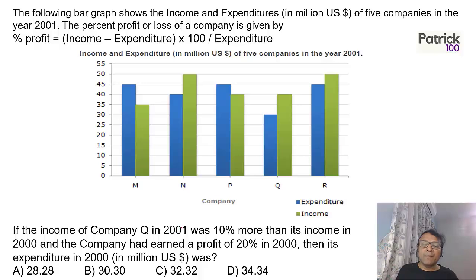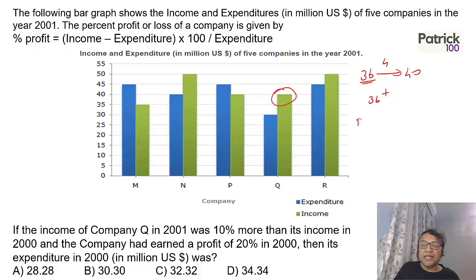If the income of company Q in 2001 was 10% more than its income in 2000. Right, so we're talking about income now, 40. This is 10% more than 2000. So if we take 36, 40 minus 4, it will be more than 10%. So the value will be slightly more than 36. And the company earned 20% profit.